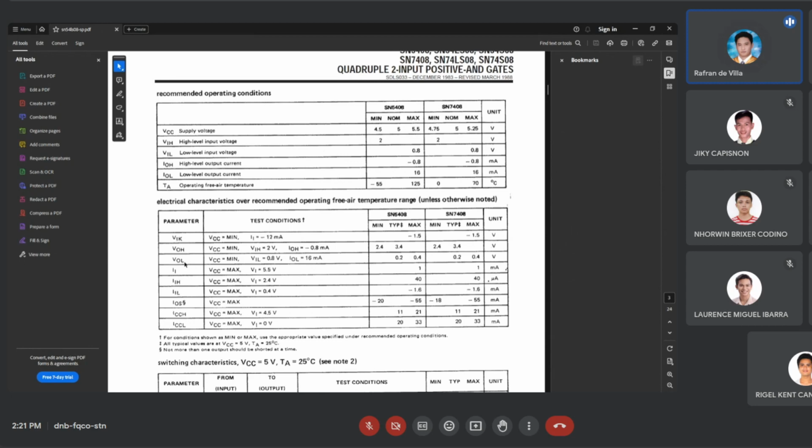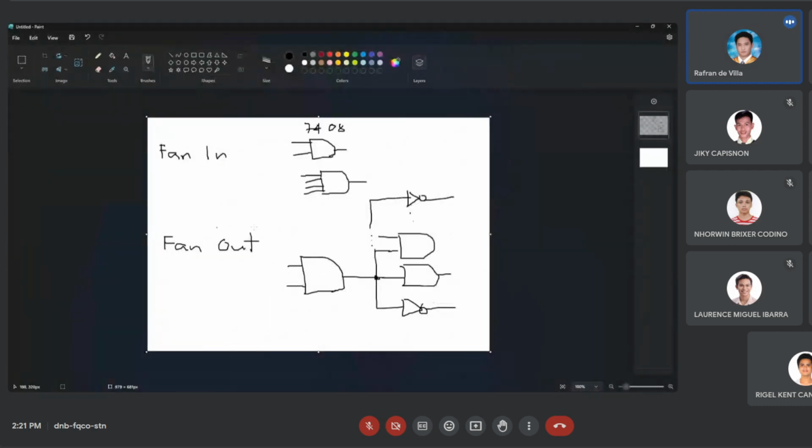For voltage output low there is a maximum value, which is 0.4 but no minimum, and for voltage output high there is a minimum, which is 2.4 but no maximum. What is that, and what is this specification for?